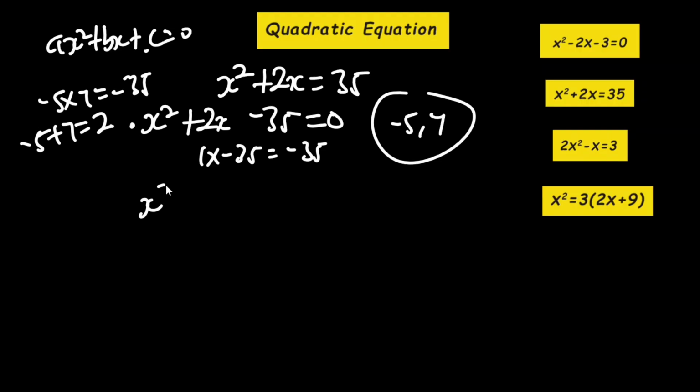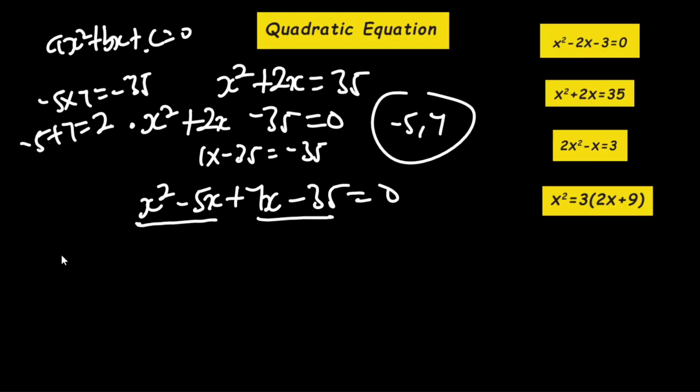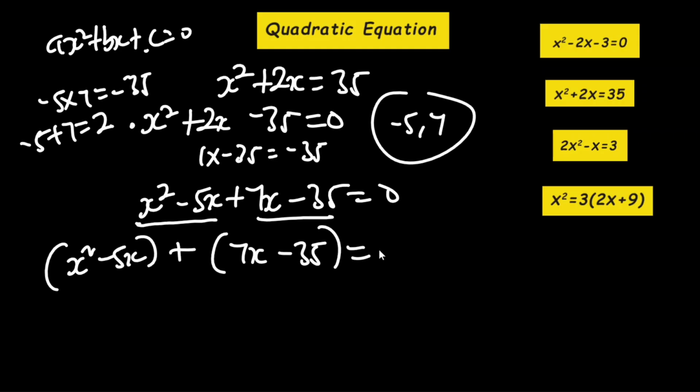So x squared minus 5x plus 7x minus 35 is equal to 0. Now we put the first two terms inside a bracket and also the last two terms inside another bracket. So x squared minus 5x, and then 7x minus 35, is equal to 0. Now here we factorize the common factor out.